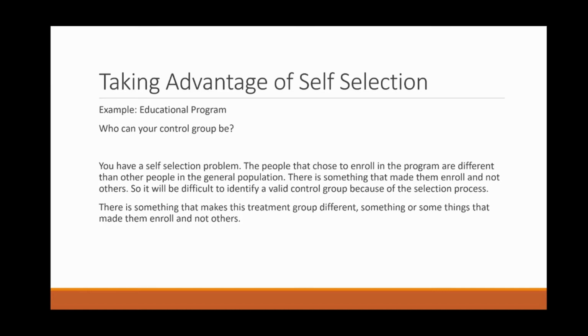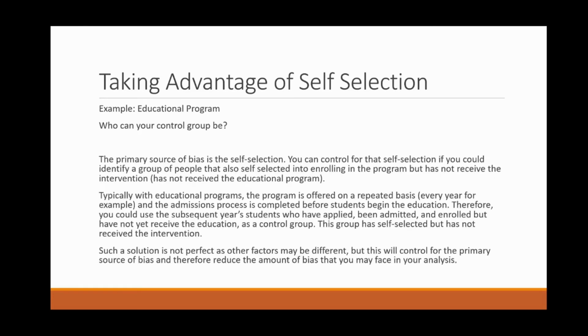Now, sometimes we can take advantage of that self-selection process to identify a control group. How can that be? The primary source of bias is self-selection. So we can try to control for the selection bias if we could identify another group of people that also self-selects into the program.